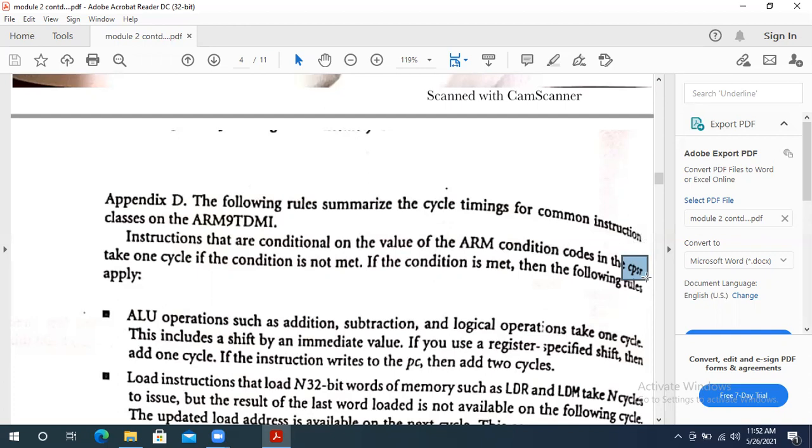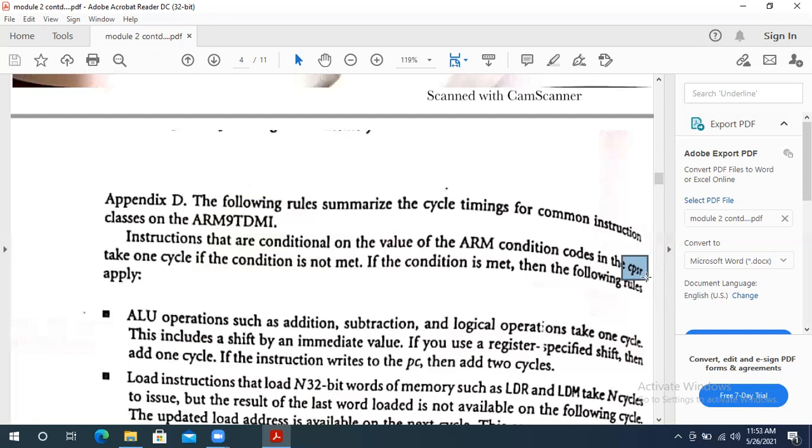This topic is very important throughout these two modules, because every time we get that word CPSR. With CPSR we get the program counter, we get the LR. These are repeated words we need in our upcoming topics also, so we should have at least a basic idea of what they are.